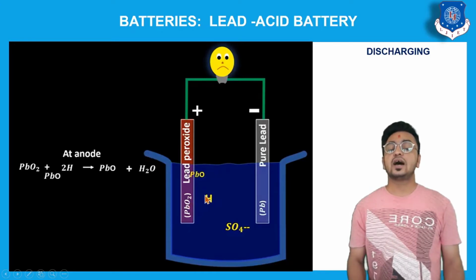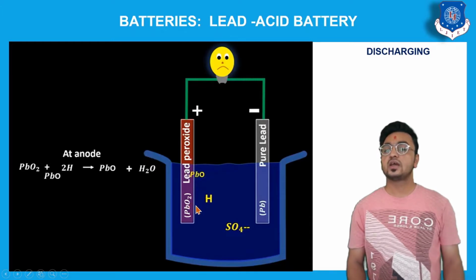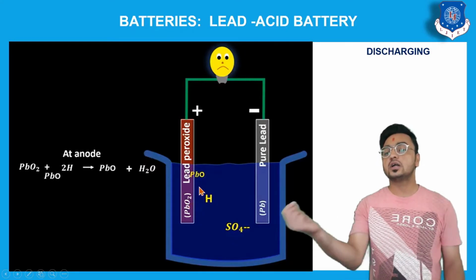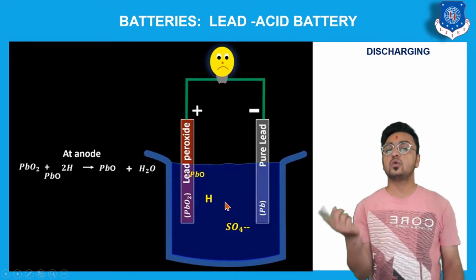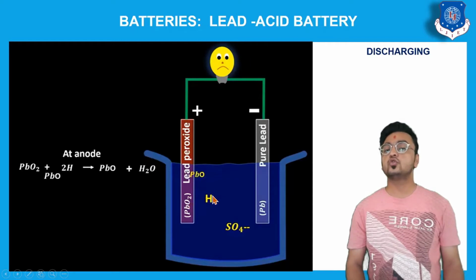This hydrogen will be attracted toward the plate, and from the lead peroxide it will get a negative charge. Initially it was positively charged, and now when it gets a negative charge, it forms neutral hydrogen.